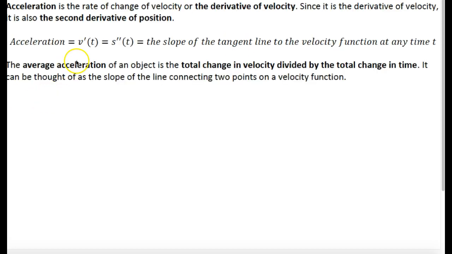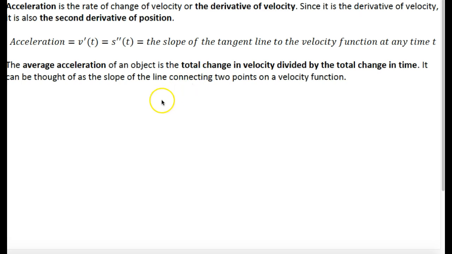So then similarly, average acceleration is the change in velocity over a period of time. Right? It's the slope between 2 points on the velocity curve. So if we see average acceleration, we need to find the 2 points in question on our velocity curve, and find the slope between them. Okay, those are really the only two new ideas in that first box there.